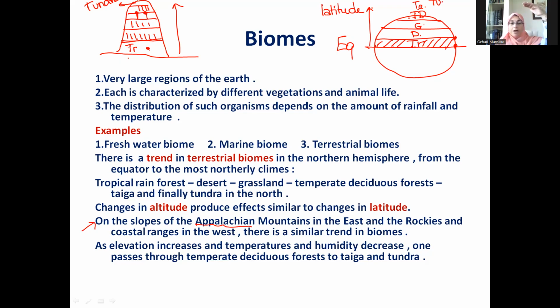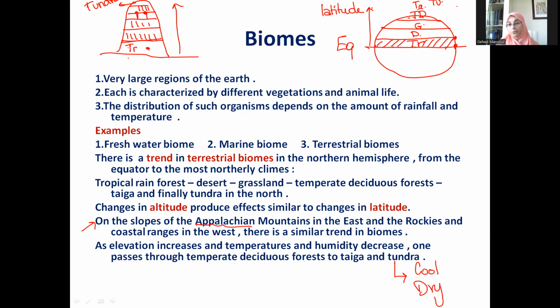As you go upward in altitude, the temperature decreases, and the humidity and the concentration of water vapor decrease, and that's why you find deciduous forest, then taiga, then tundra. What can we conclude from this? We can conclude that tundra needs cool temperatures and dry weather.